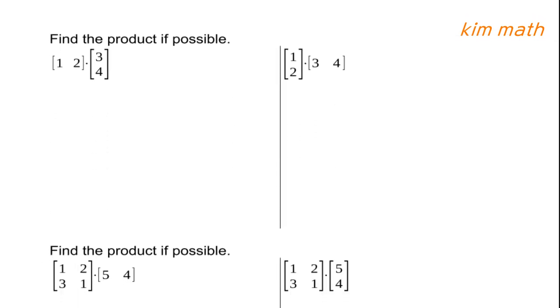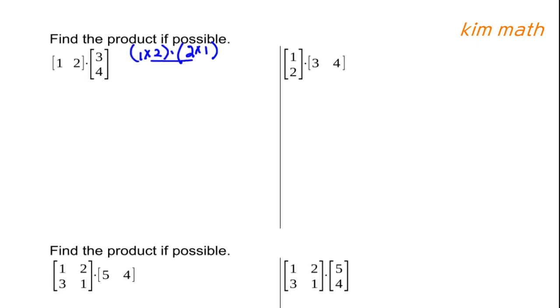Okay, some more examples. Find the product if possible. Which means sometimes multiplication is not possible. So to check this possibility, I recommend writing the dimensions first. The first matrix has one row, two columns, right? The second matrix has two rows, one column.